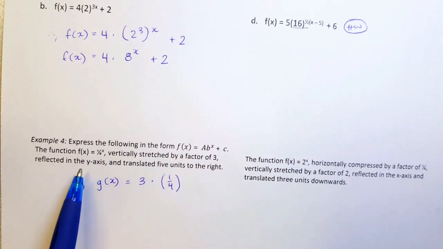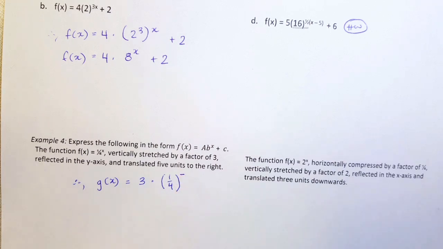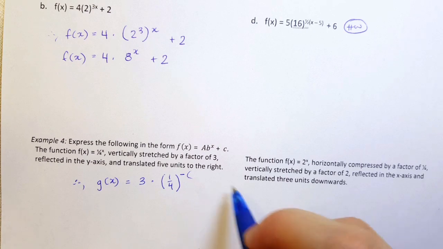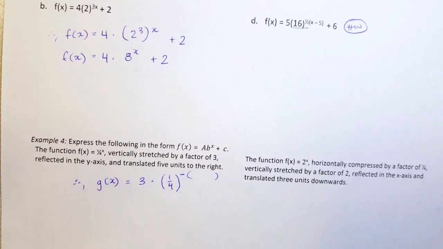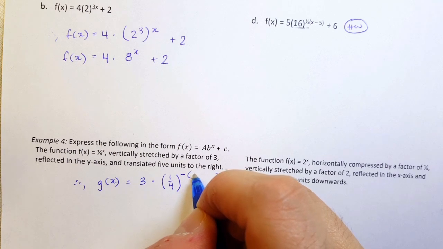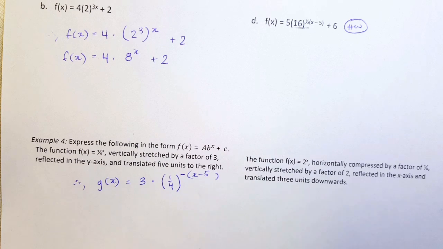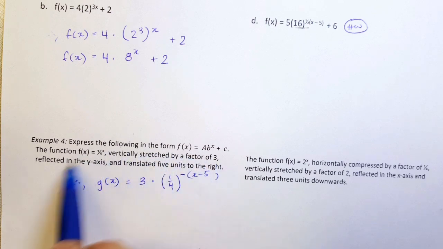But as you can see here, I've got a reflection in the y-axis. That means I need to put a negative in front of my x values. And then translated 5 units to the right. So 5 units to the right means x minus 5. So this right here represents this description.